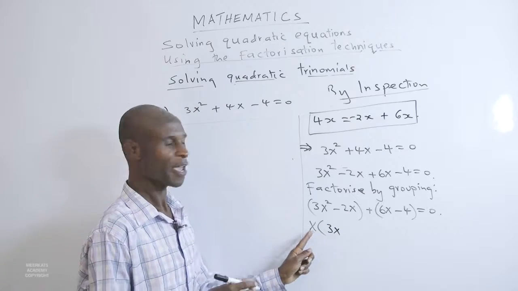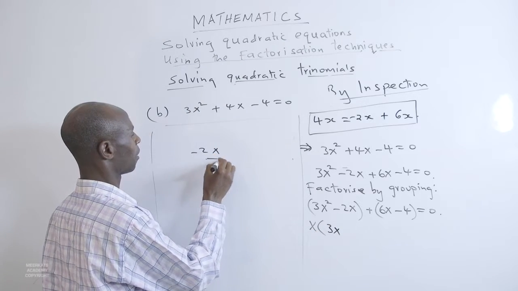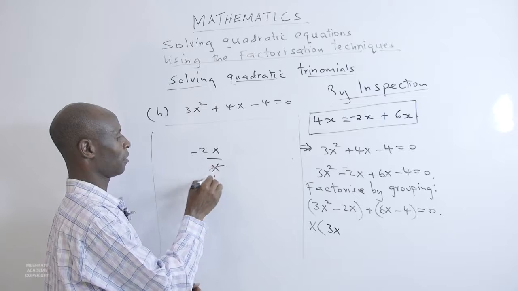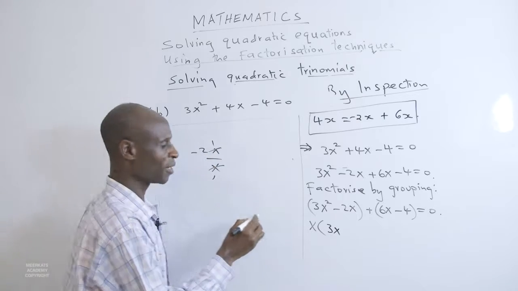Negative 2x divided by x, x cancels, we remain with negative 2.